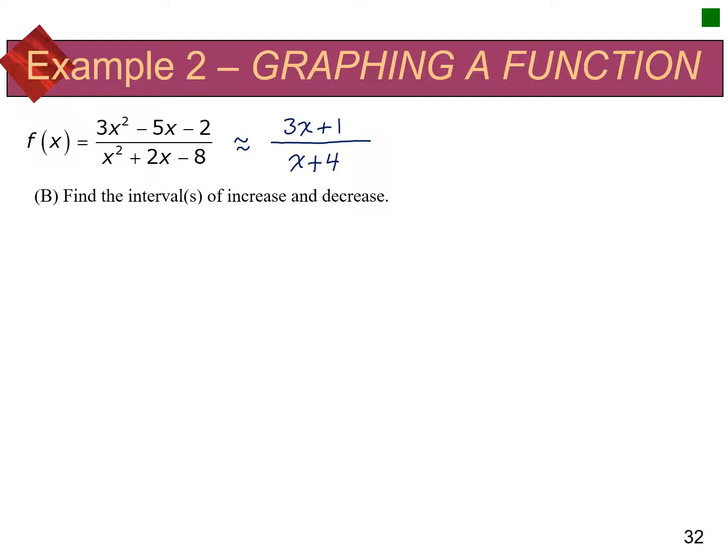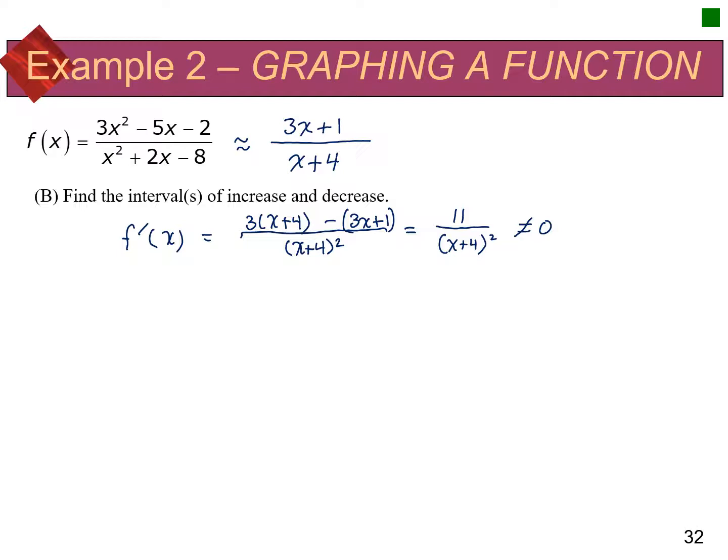So when I do the first derivative, I get 11 over x plus 4 squared once everything has been simplified. As you see, I used the quotient rule. I simplified, and I get 11 over x plus 4 squared, which can never possibly equal 0. I cannot take 11 divided by anything to get 0.